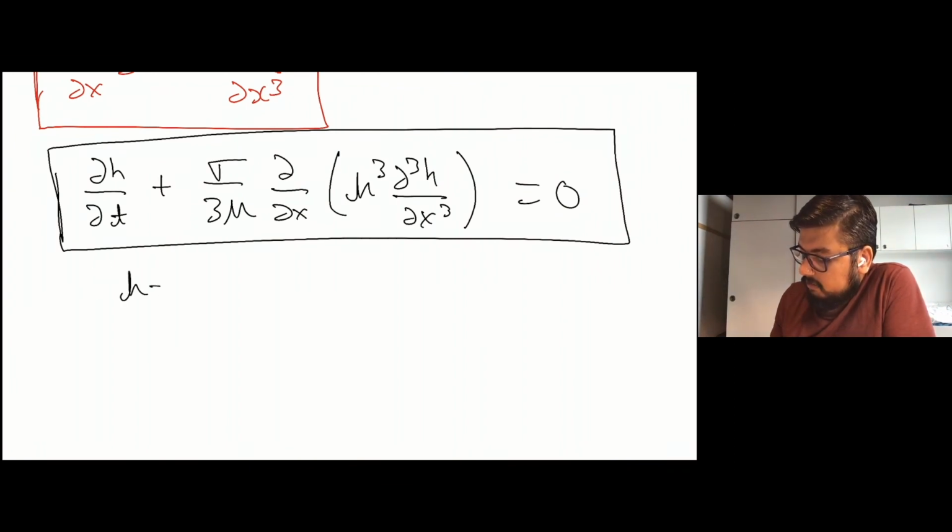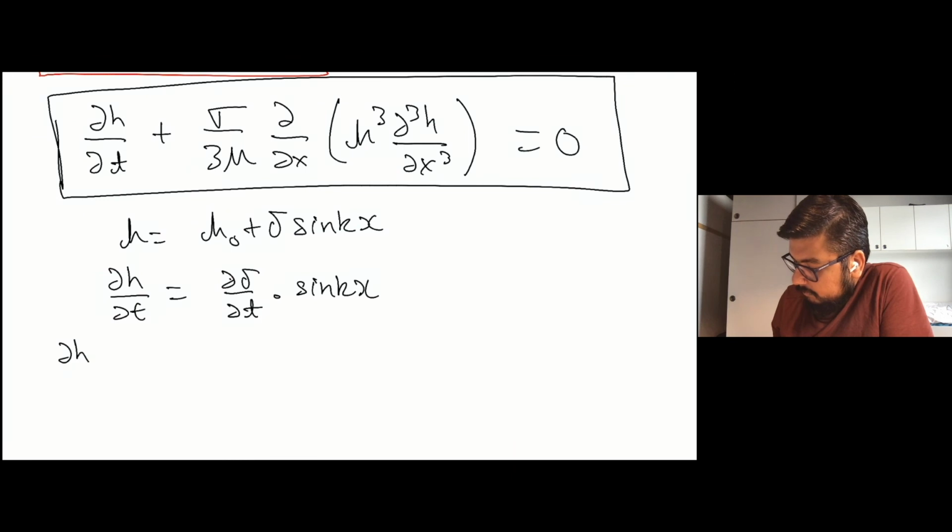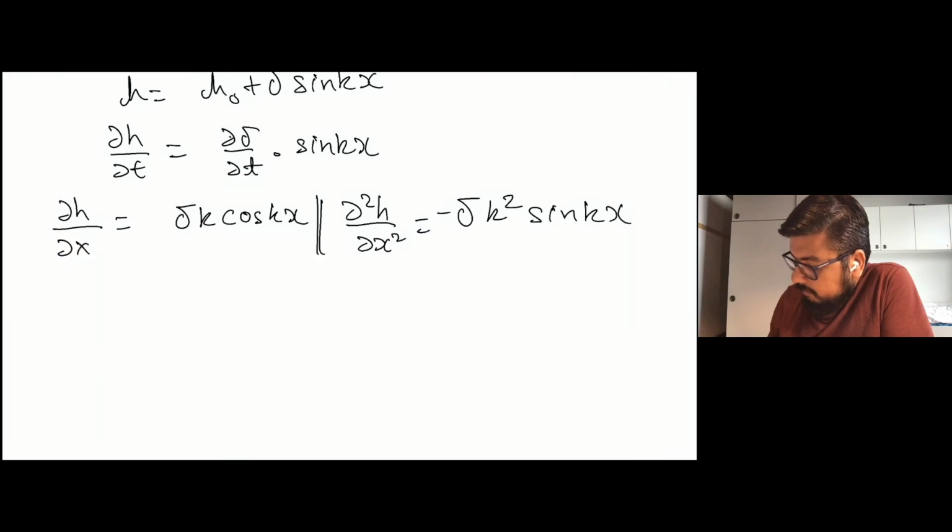So we know that h is equal to h naught plus delta sine kx, which means that dh by dou t would be, furthermore, dh by dx will be the double derivative of h with respect to x would be, and of course the final third derivative would be.